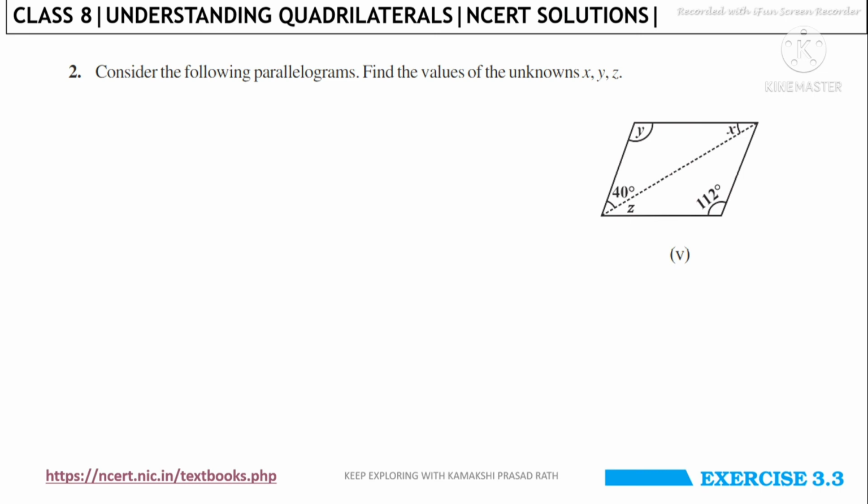So let's name it first: A, B, C and D. So Y equals 112 degrees. Simple thing, opposite angles of a parallelogram.